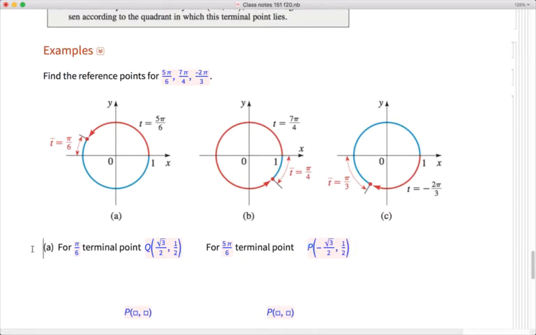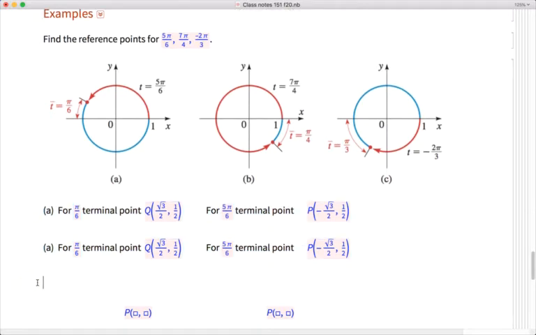All right, let's try the others with copy-paste. Maybe that'll speed it up. In the picture for part B, 7 pi over 4 is the value of t. The reference number is pi over 4.